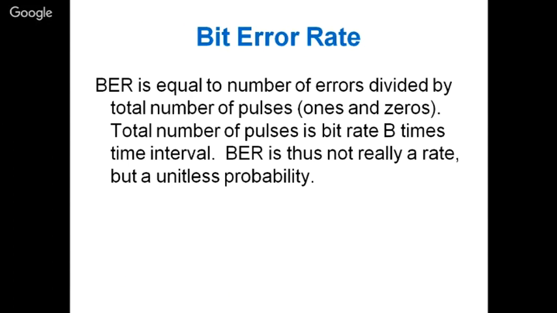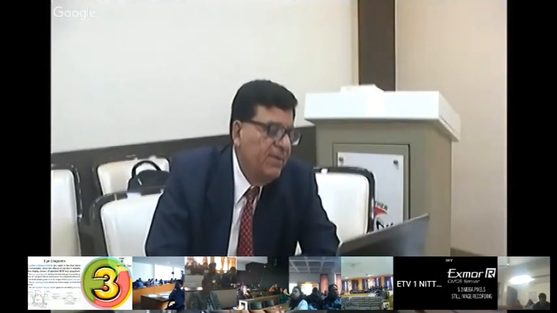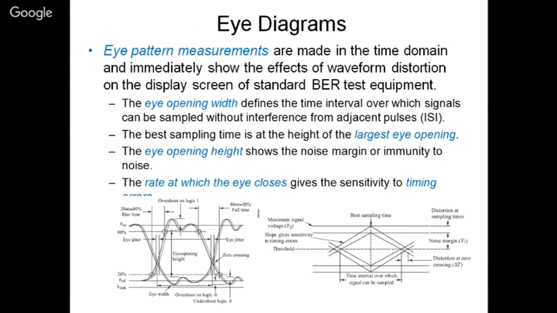And we keep on increasing the data rate, so that we can check the receiver and also the transmitter in the lab, and only then we install. In an installed system also we can check. Bit error rate can also be checked with an eye diagram using an oscilloscope, so there is a methodology if somebody does not have bit error rate equipment.